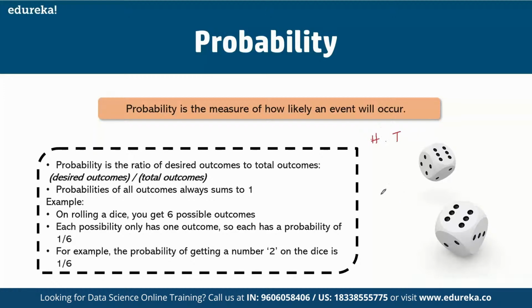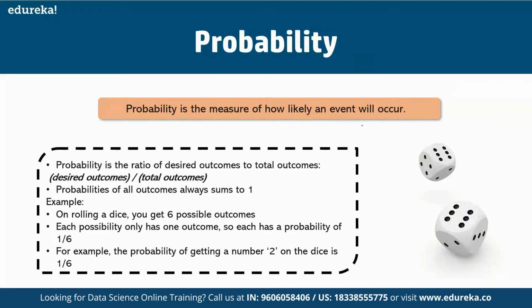So among this head and tail, they become part of our denominator. These are the sample spaces that we have. The total options when you toss a coin are two. So what is the probability of getting a head? You only have two choices, head and tail. So the probability of getting a head is 1 by 2. So this is how we work on probability.